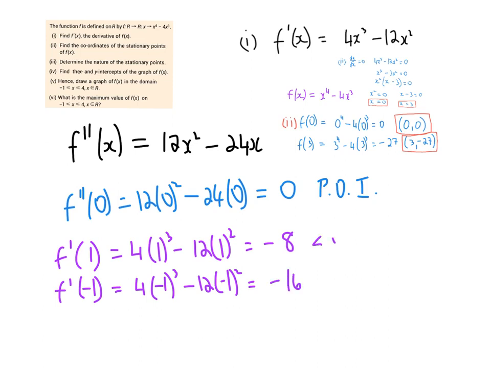So both of those have the same sign, they're both less than 0, which means then this is going to be a horizontal point of inflection or a saddle point.